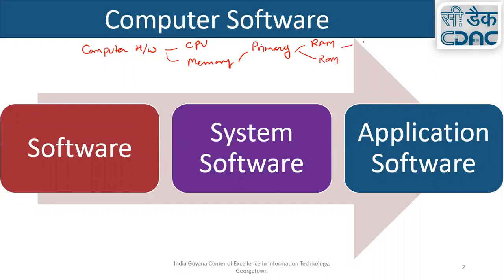Again, this RAM is divided into SRAM, that is static RAM, and dynamic RAM. And this ROM is again divided into EROM, EPROM, and flash.